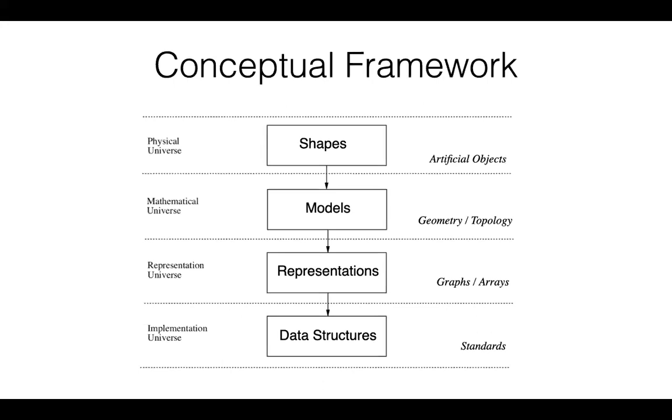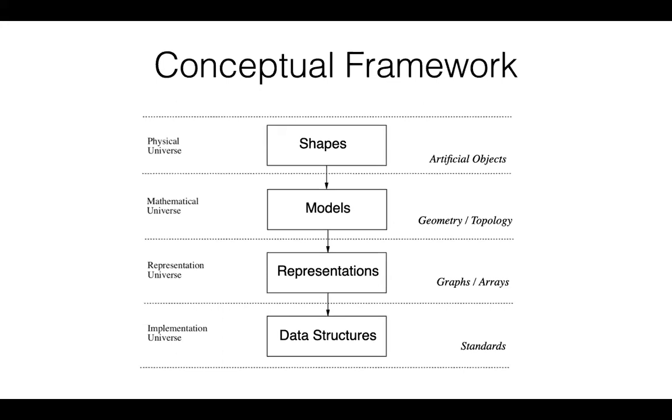So going back to this conceptual framework, in the case of geometric model for man-made objects, in the physical universe, you have shapes that represent artificial objects, constructed objects by some artificial process. And then we want models that are going to describe the geometry and topology of these artificial objects.